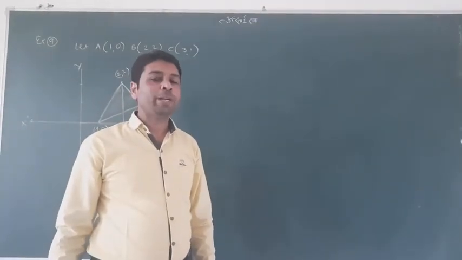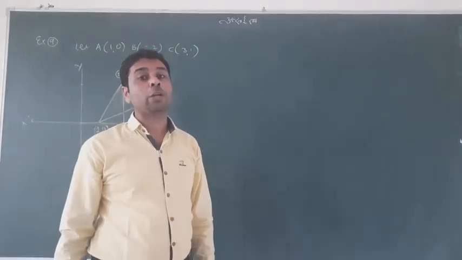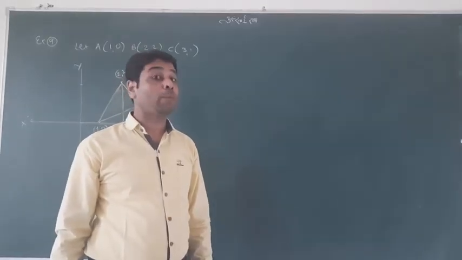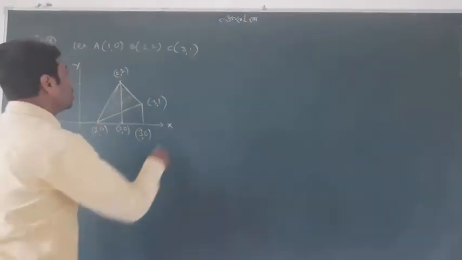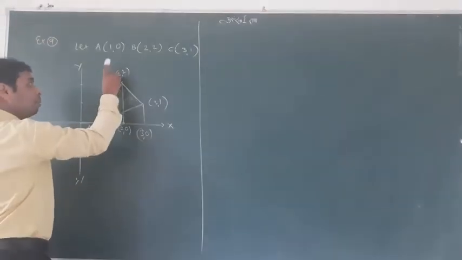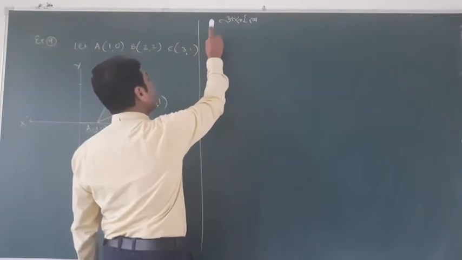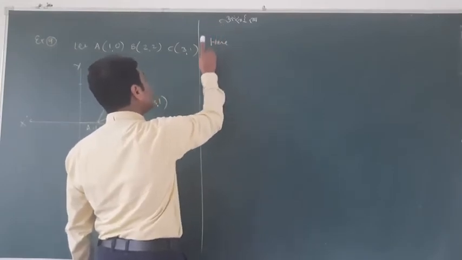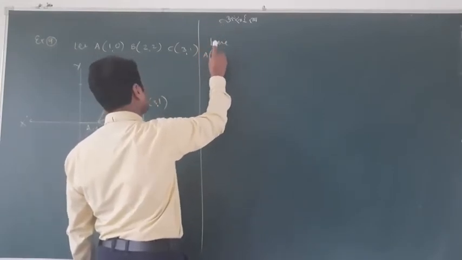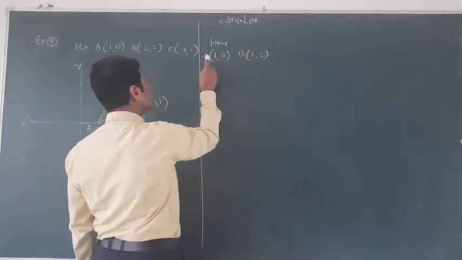So students, whenever 3 points are given, you will find the equations of the lines by using the two-point form of a line. Can you see? Here A has coordinates (1, 0) and B has coordinates (2, 2).